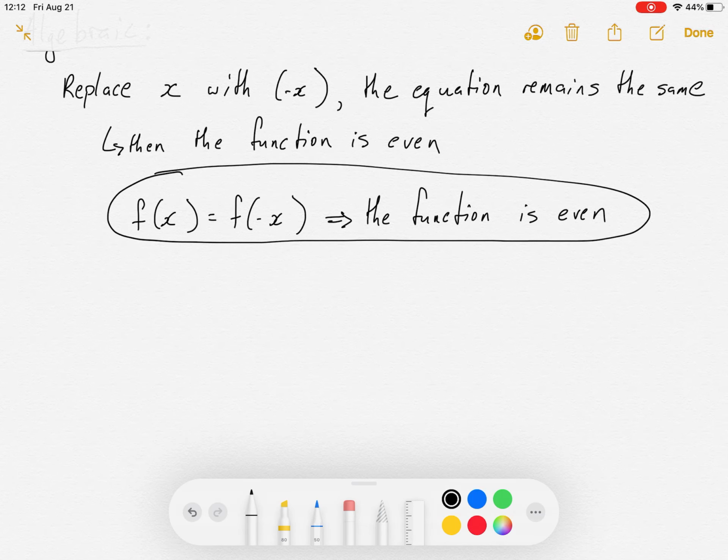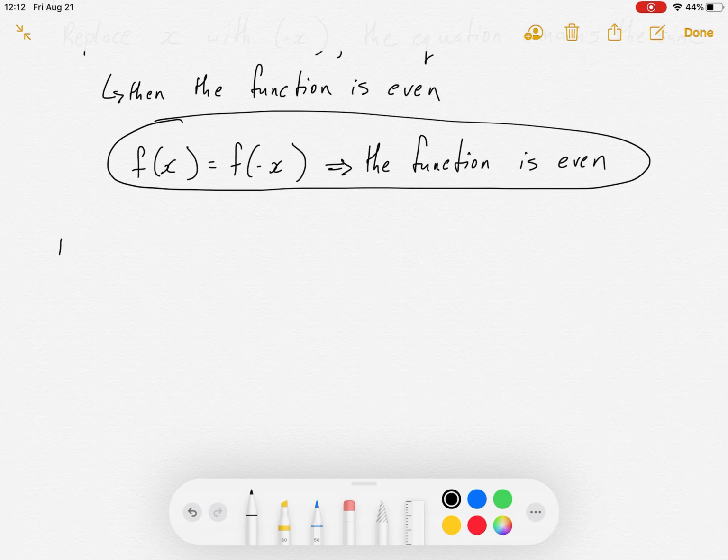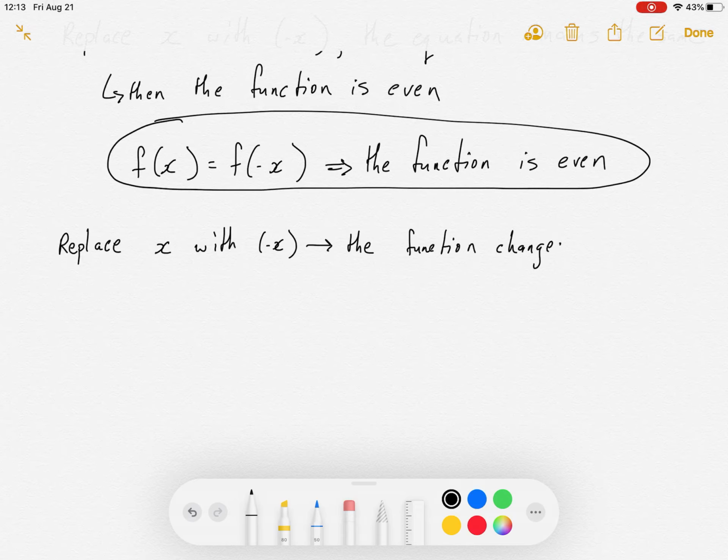Now, for the origin, it's a little bit different because with the origin, we said we needed to replace x and y. But we don't really have a y here because we're talking about f of x, so I want to keep this in function notation. So let's say we replace x with negative x. And if you do this and the function changes signs, then the function is odd.